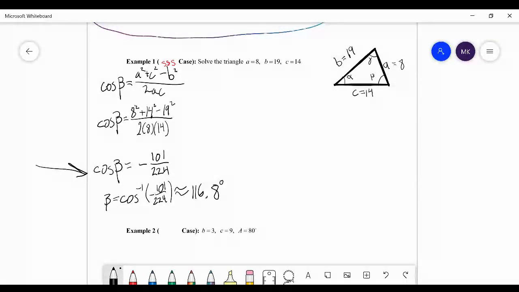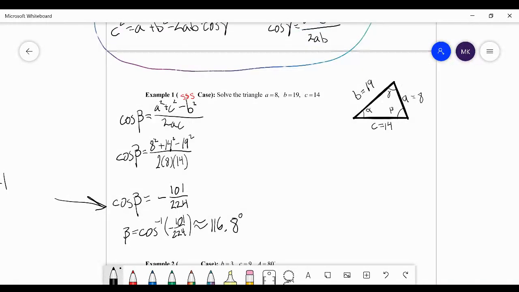So to find alpha, I can use law of sines, which is sine of alpha over 8 is equal to sine of 116.8 over 19, right? So we just use the law of sines here, and we end up with multiplying by 8 on both sides.